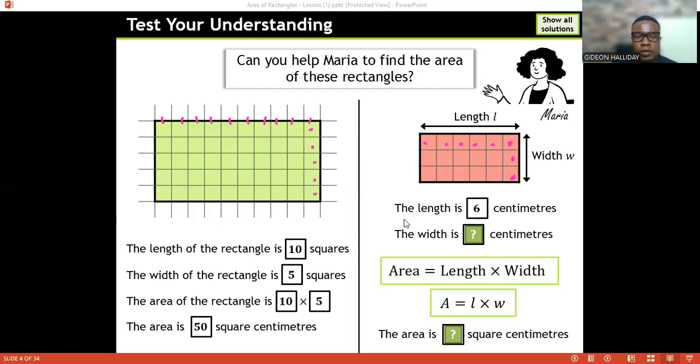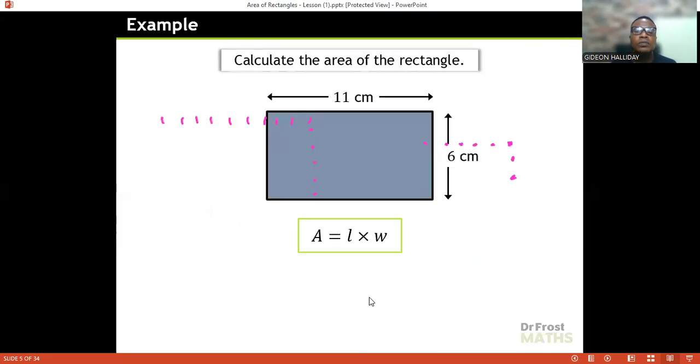So 3 for the width. And now we see that the area of a rectangle is length times width. Easy peasy. That's very easy. So that's 6 times 3, and that's 18. That's 18 square centimeters. Good job.